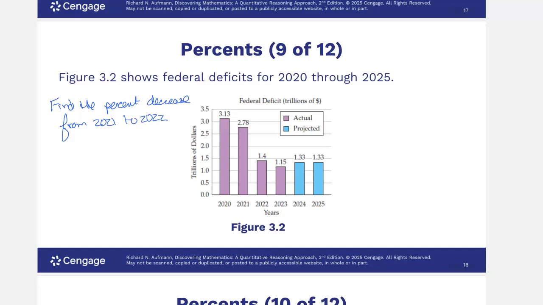So 2021 to 2022, there's a big decrease there. And if you think about what was going on, COVID was going on during these years. So let's find that decrease. So it's going to be percent decrease is the amount of decrease divided by the original amount.